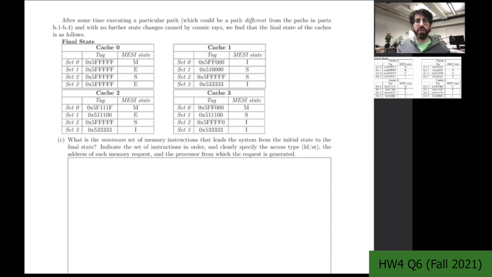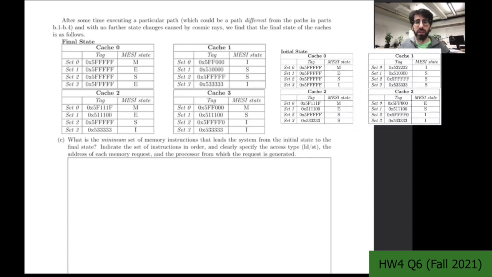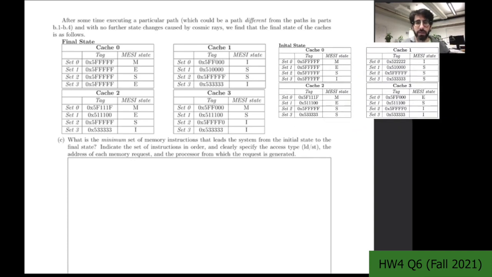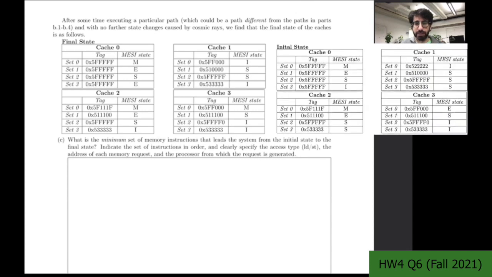So, okay, we have the final state, and here on the right, we have the initial state. Let's check the differences. In cache 0, the difference is that in set 3, previously we had an invalid state, now we have a valid state for the same cache line.